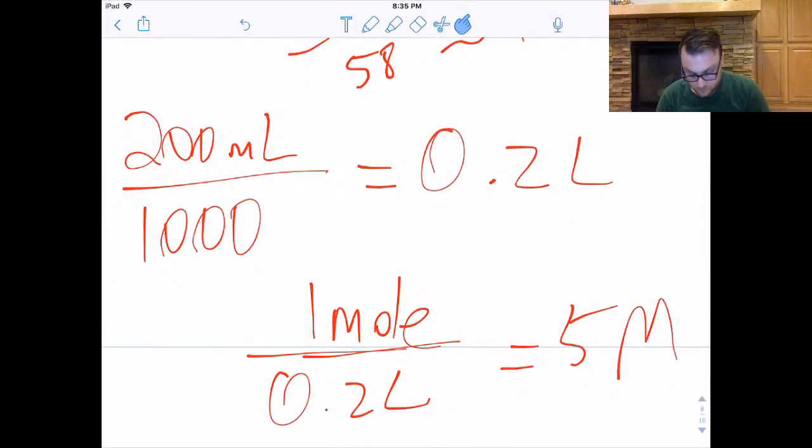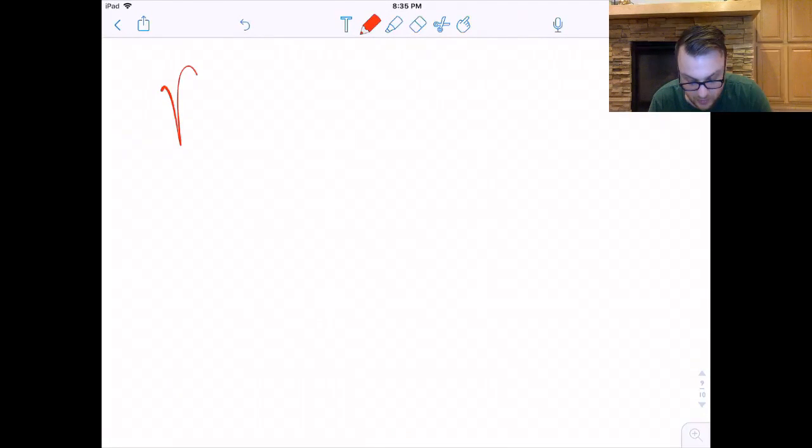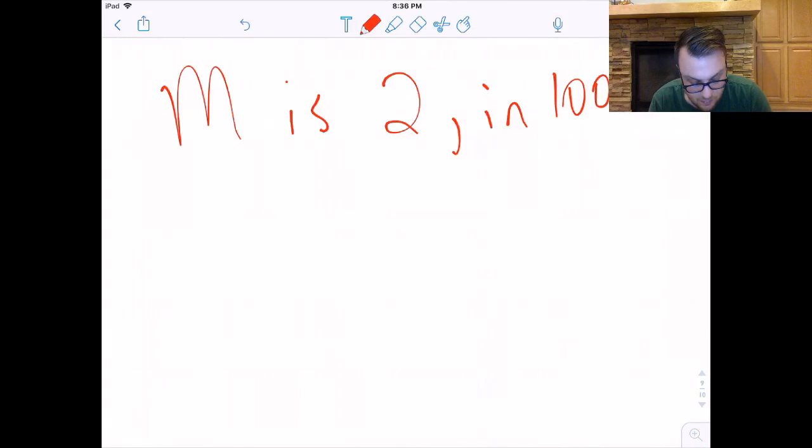So, they could also give you molarity, like the molarity is 2 in 100 milliliters of solution. How many moles? Well, the molarity is 2.